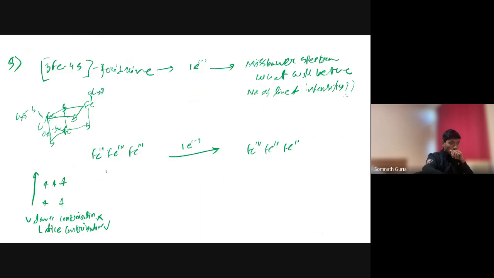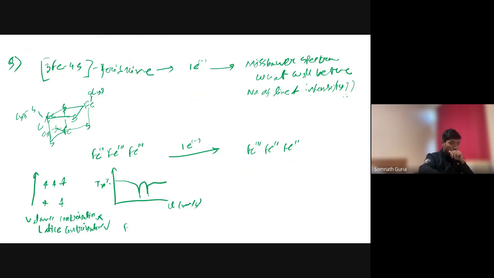We'll have 2 lines like this, transmittance percentage against velocity in millimeter per second. We get only one line or 2 lines because of the lattice contribution.